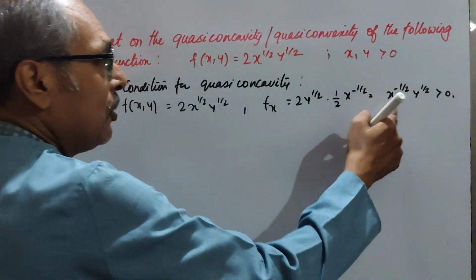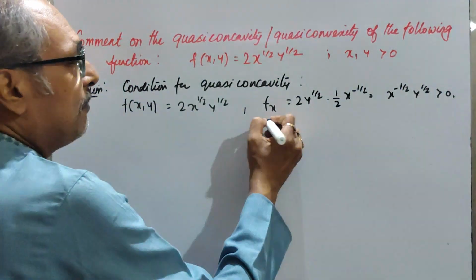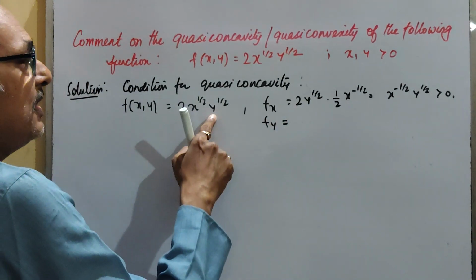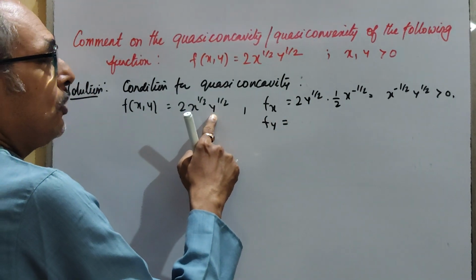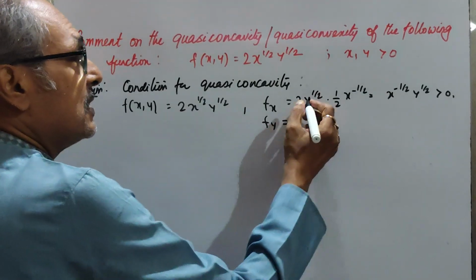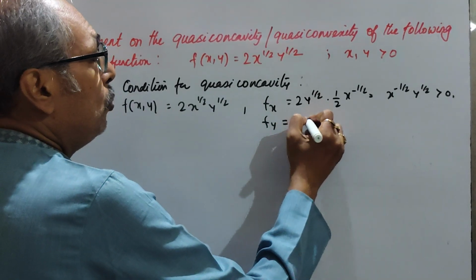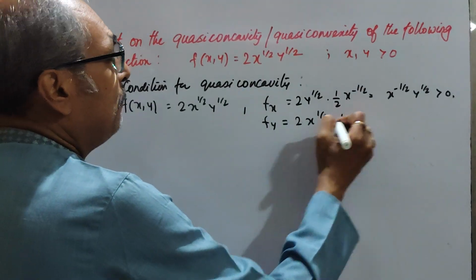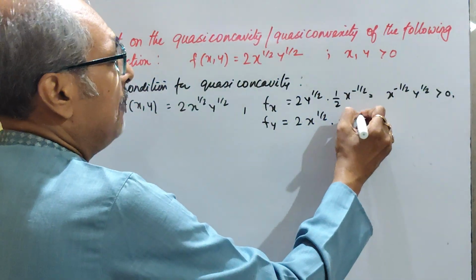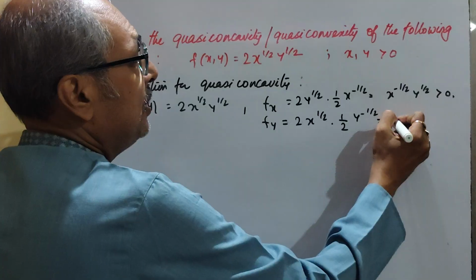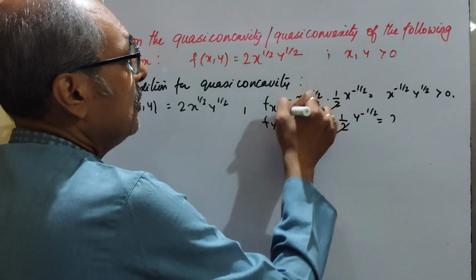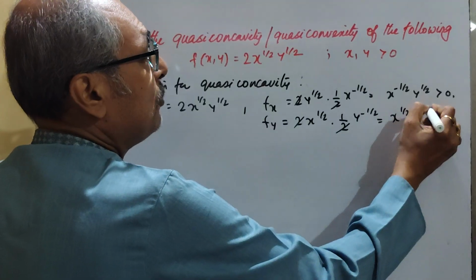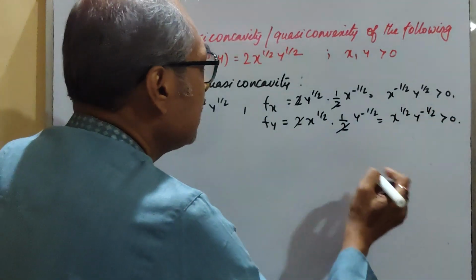This is positive because x and y both are positive. Now fy means we are differentiating with respect to y, keeping x constant. That is 2x to the power half, and half y to the power minus half. The 2s get cancelled, therefore x to the power half, y to the power minus half, again this is positive.